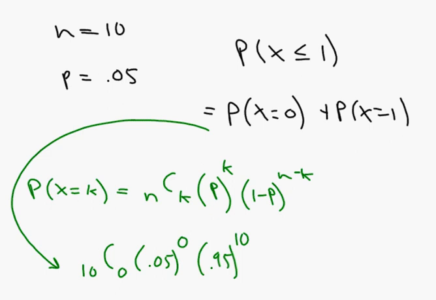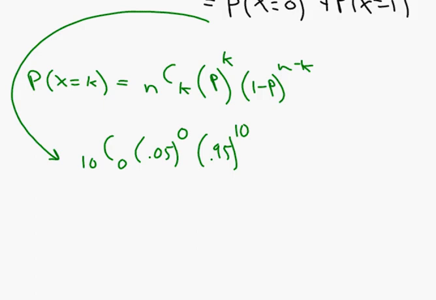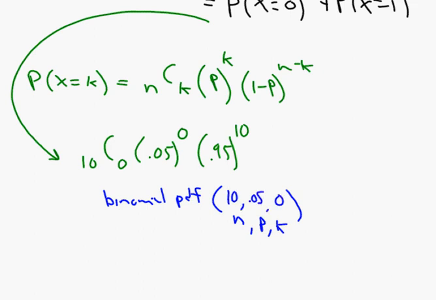Okay? Right? Now, this you could actually calculate in the calculator using something called the binomial PDF. And it always has n comma p comma k as the parameters that you enter, right? So n is 10, probability is 0.05, and we don't want any of them to die, okay?